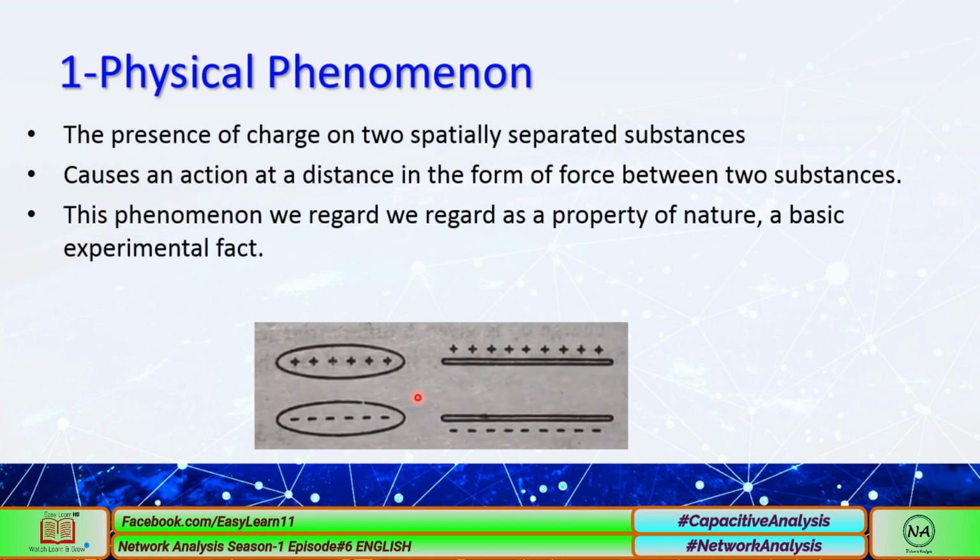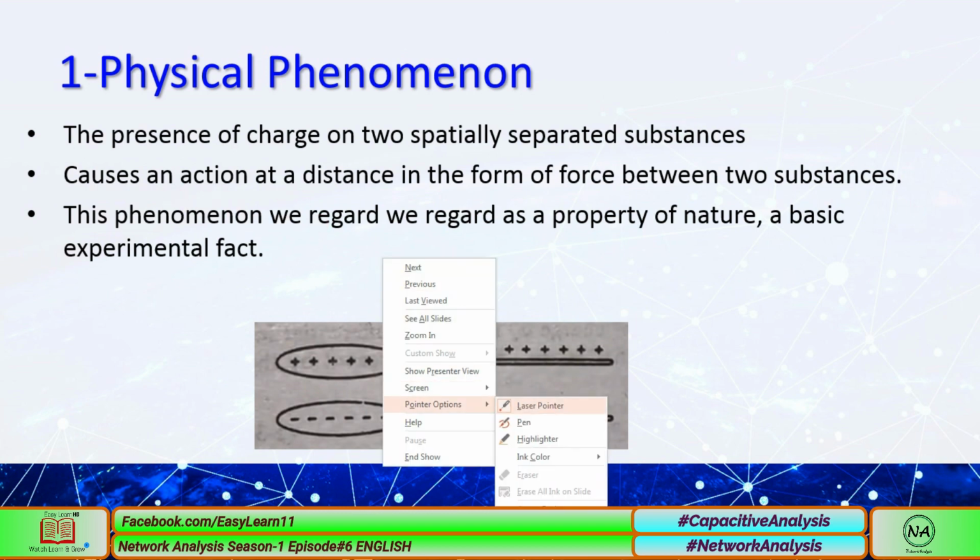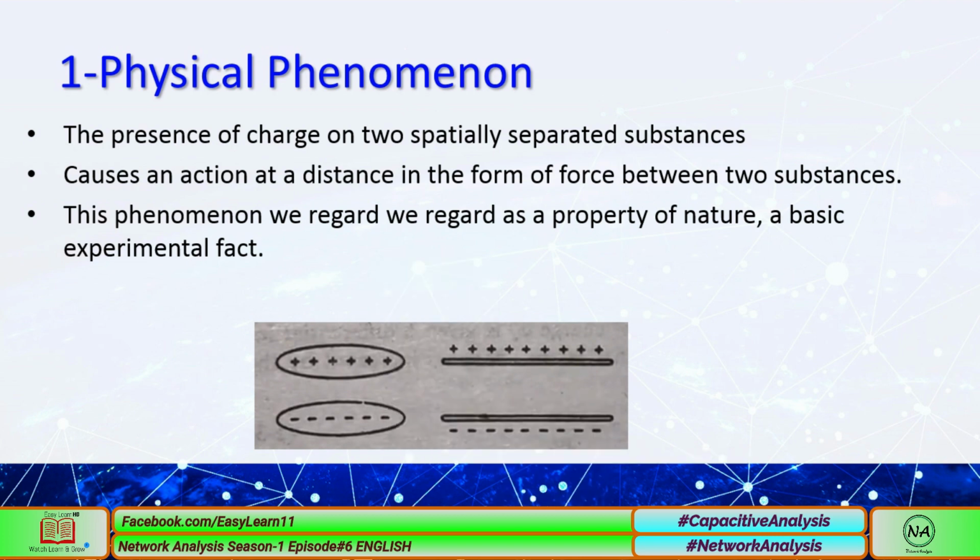Actually, if there are charges like this, a positive and a negative, in the form of plates or in any format, there are different cases. The first case may be a positive charge with a positive, or a negative with a negative, like charges, while it may also be the opposite.